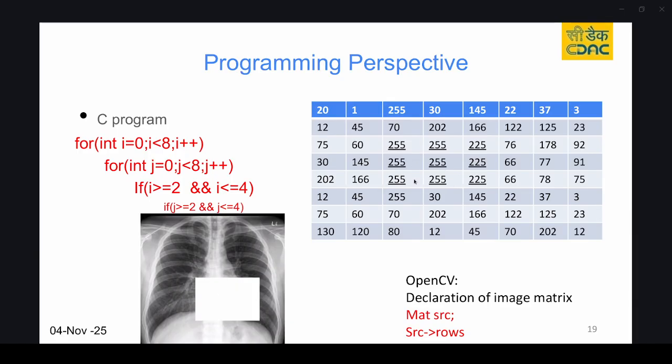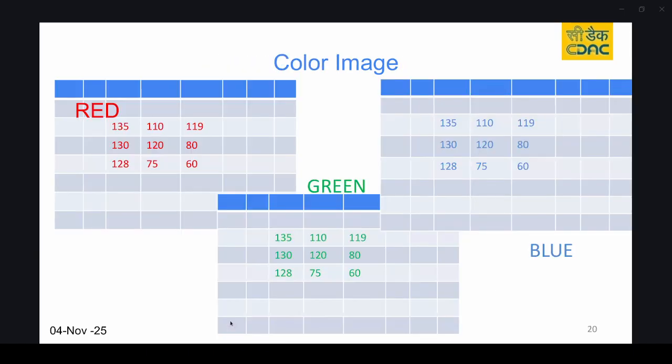This is a simple way to draw a white square on any input image, that is changing the pixel values to 255 for the region representing the white region in the matrix. This is all I talked about grayscale images or black and white images.